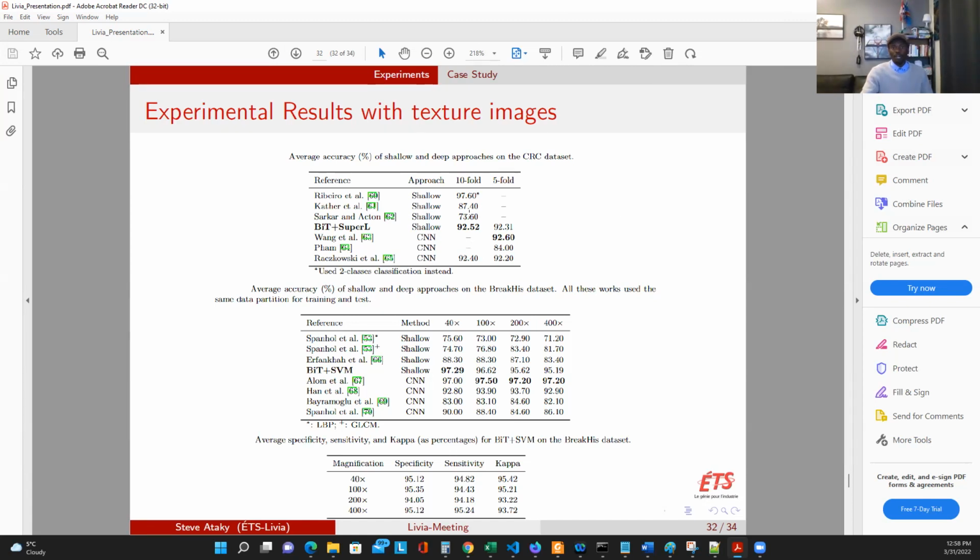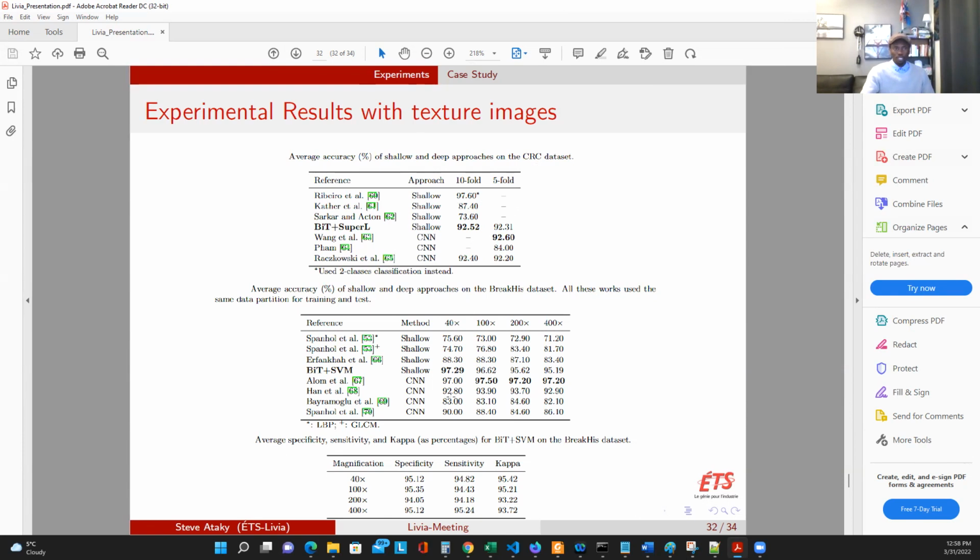And for 5 fold cross validation, 92 also. And we have another work here with 97.